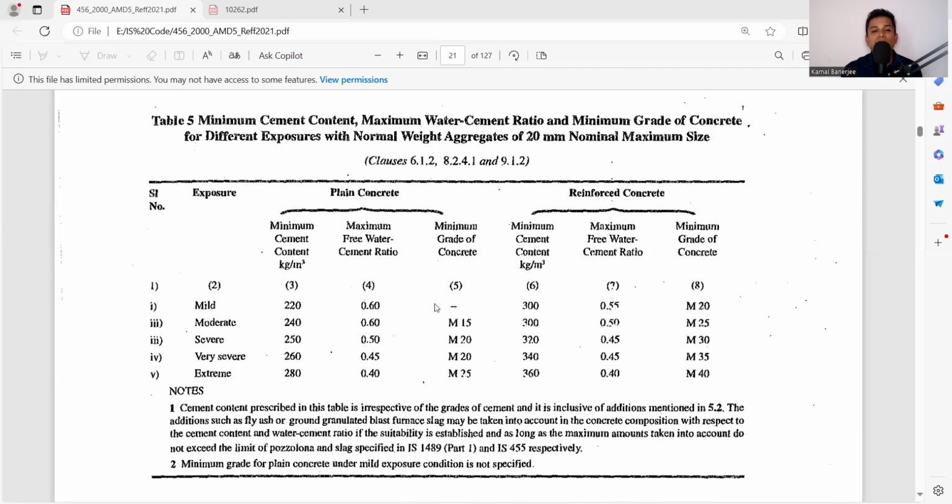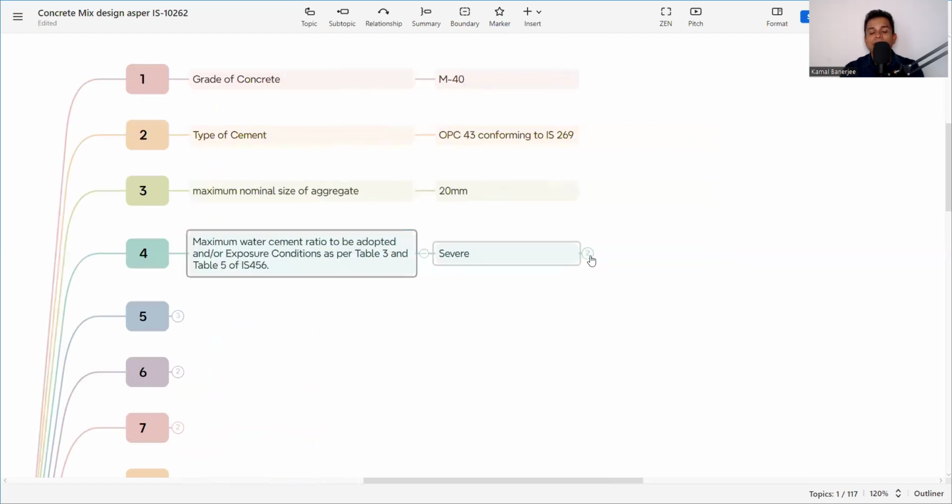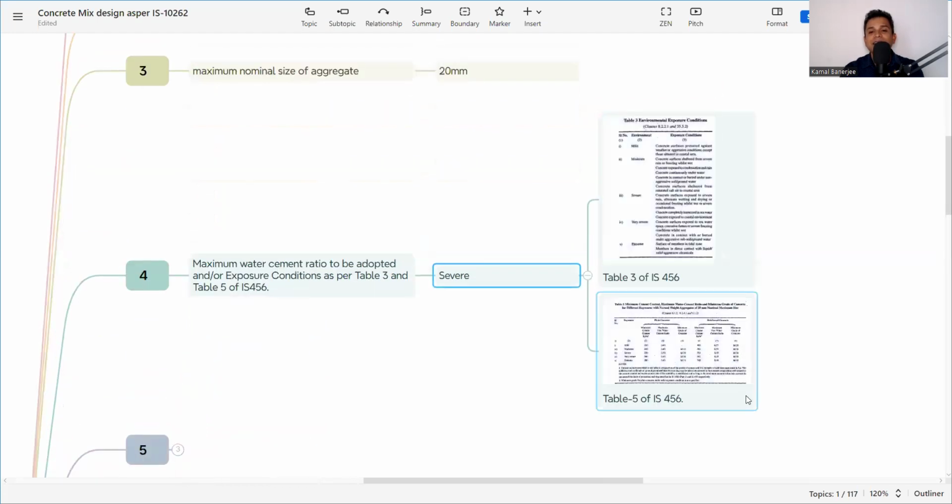So according to my condition, the minimum cement content is 320, the maximum water cement ratio is 0.45, and the grade is minimum M30. Next part we need to check. We have found the maximum water cement ratio and everything. We have chosen the severe condition from table 3, and table 5 of IS 456, that we also checked.